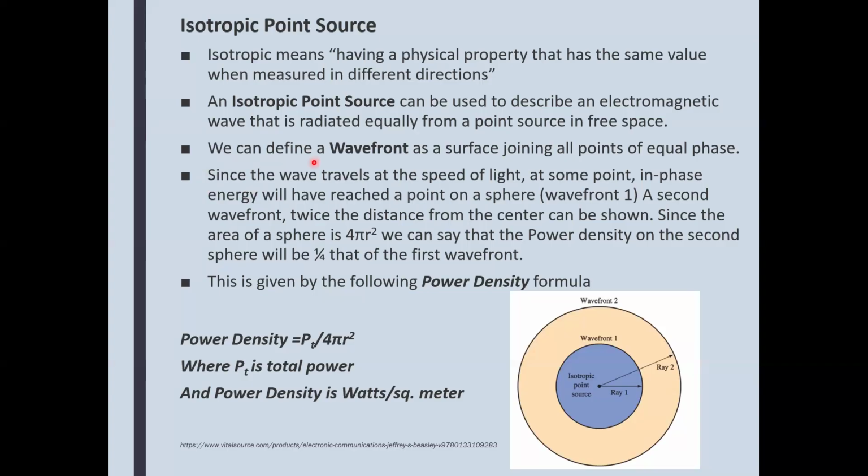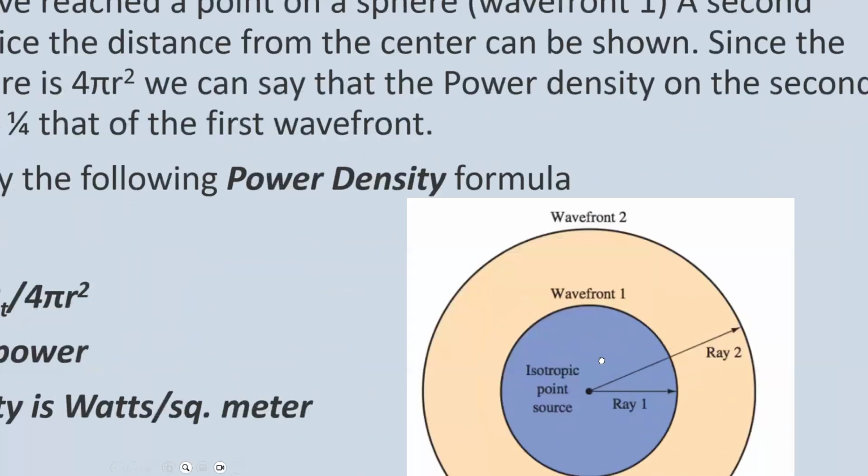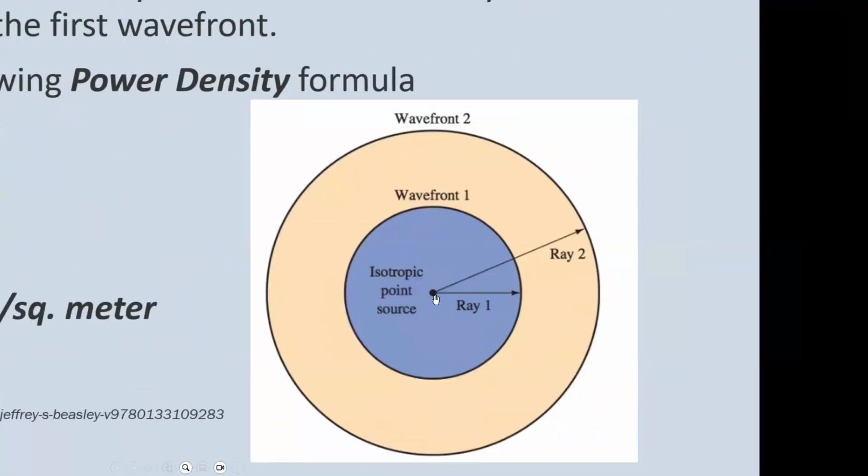We can define a wave front as a surface joining all points of equal phase. The wave transmitted from here, let me just zoom in a little bit, the wave transmitted from this point is going to have a shape.